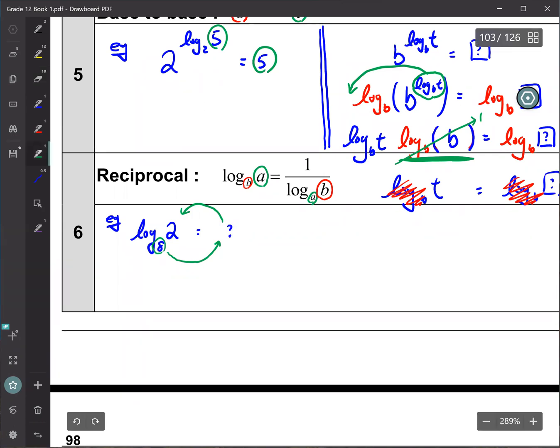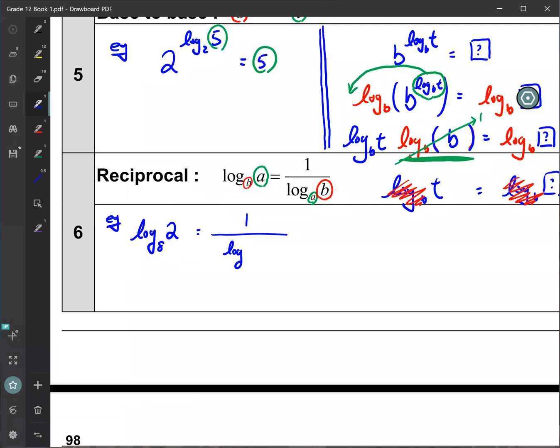So now let's see if the formula can also give us a third. I'm going to take away the counterclockwise and apply the formula. The formula tells us to put 1 over, and then swap the base and the big number. So it becomes log base 2 of 8. The denominator is easier to do now: 2 to the 3 is 8.